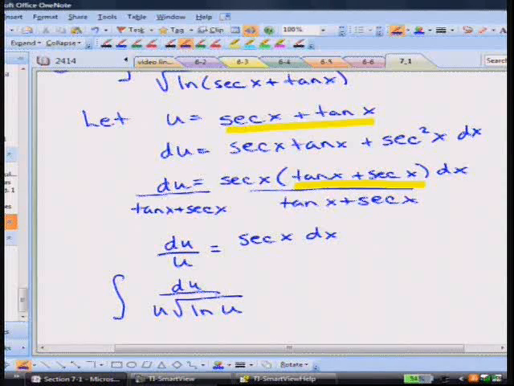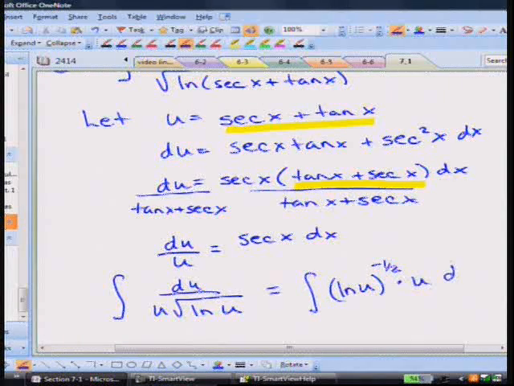Okay? Which I can write as the integral of the ln of u to the negative 1/2 power times du over u.